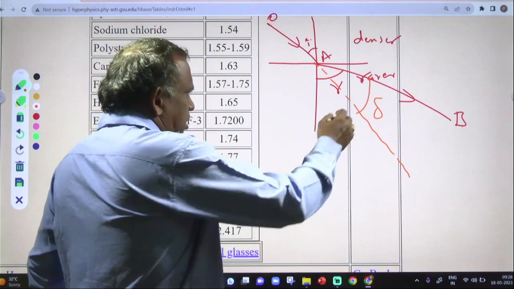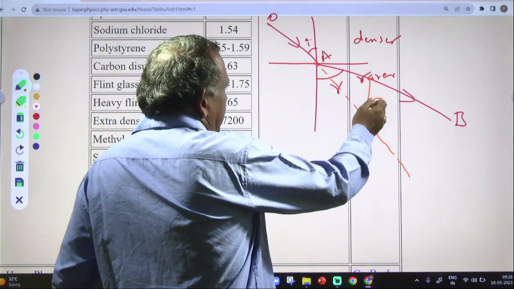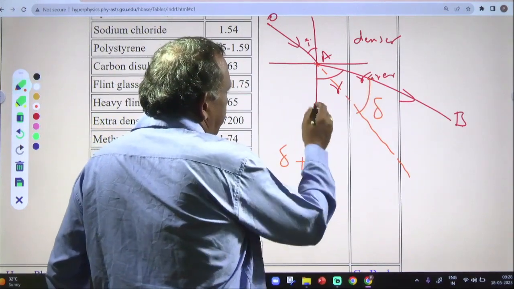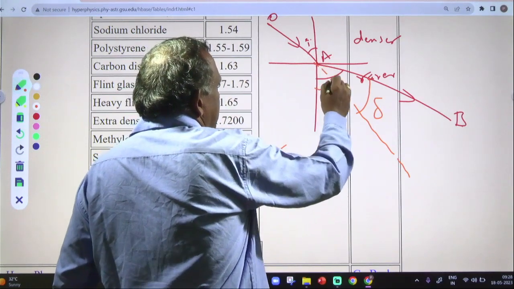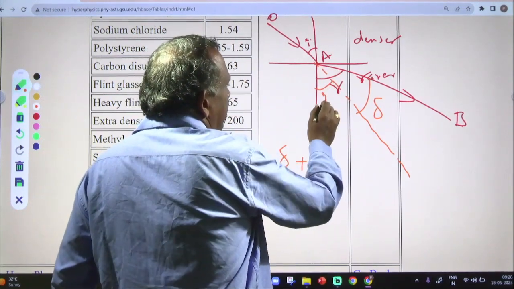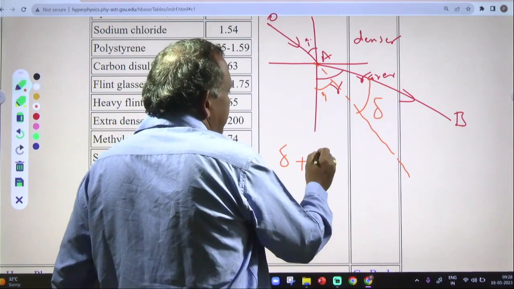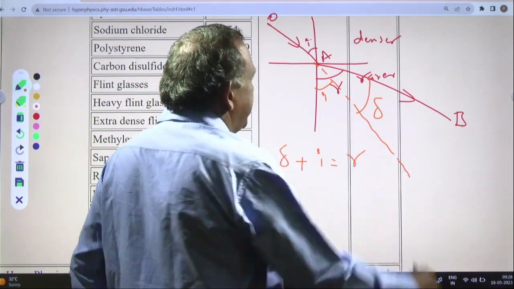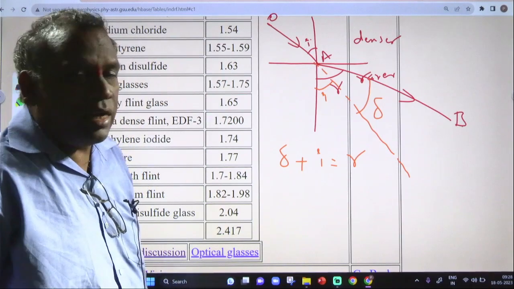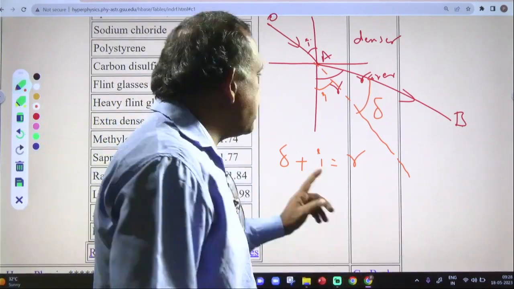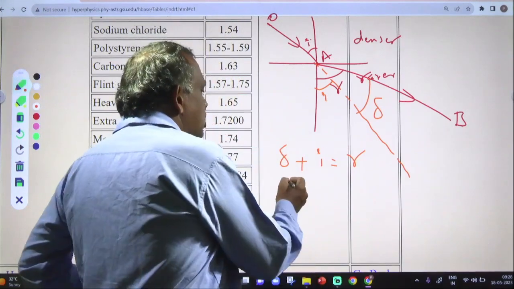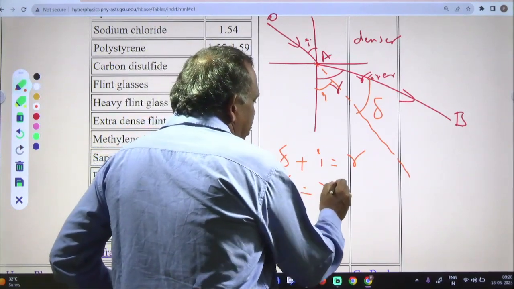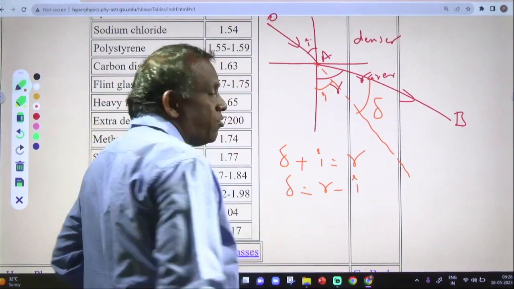If you observe carefully, opposite angles are equal, so this is also I. The angle of deviation plus the angle of incidence is equal to the angle of refraction. So when light travels from denser to rarer medium, the deviation is equal to the angle of refraction minus the angle of incidence.